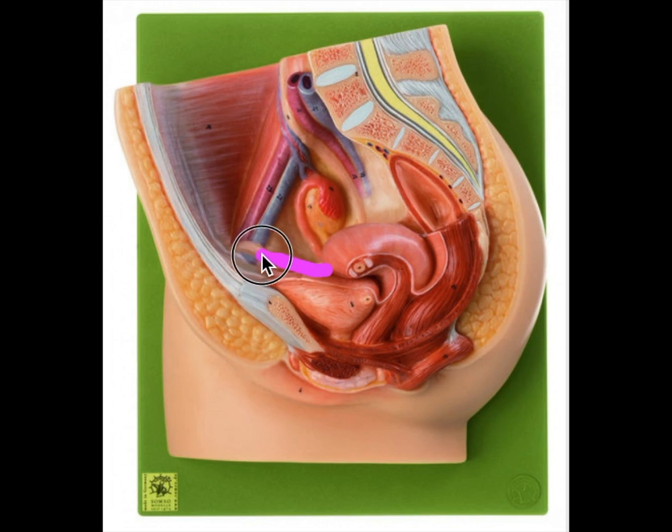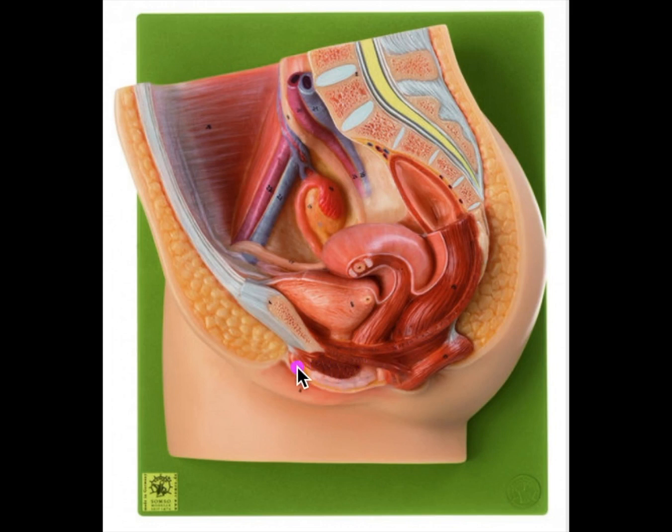This thing right here is the round ligament. You can see where it's going to pass through the inguinal canal alongside the external iliac artery and vein. So here are branches from the internal iliac artery and vein. And this is a ureter right here.